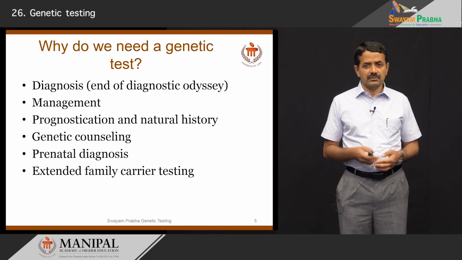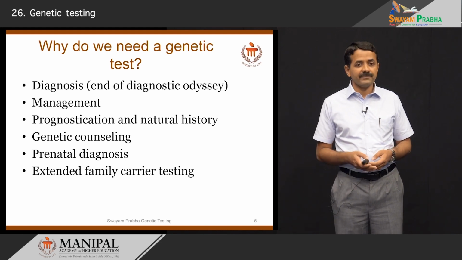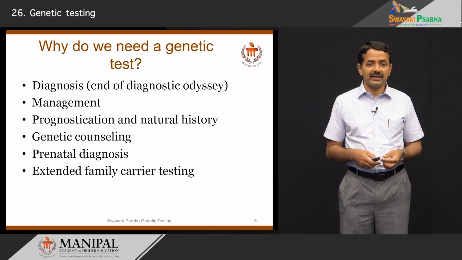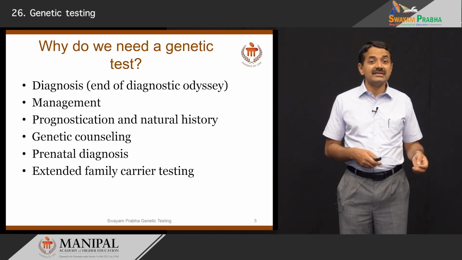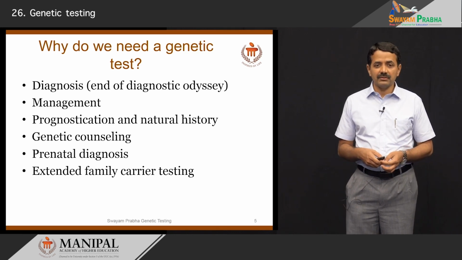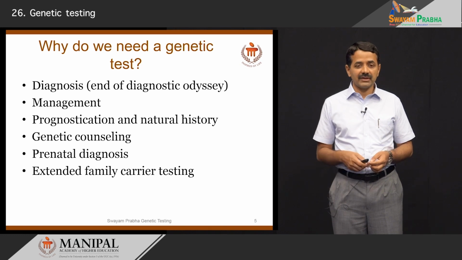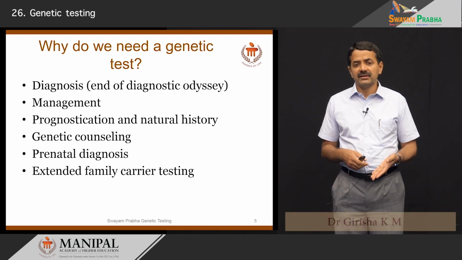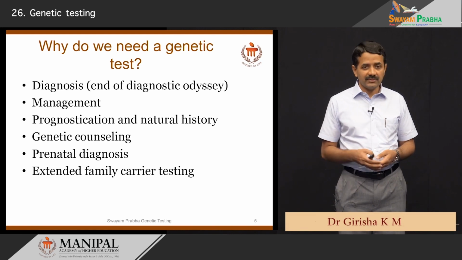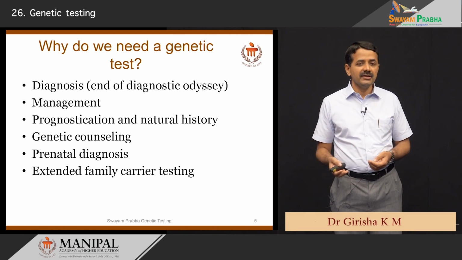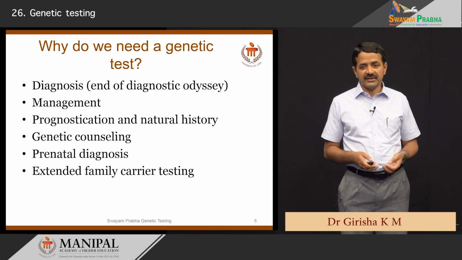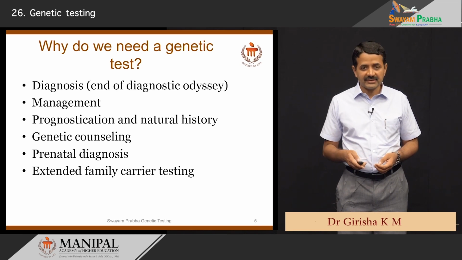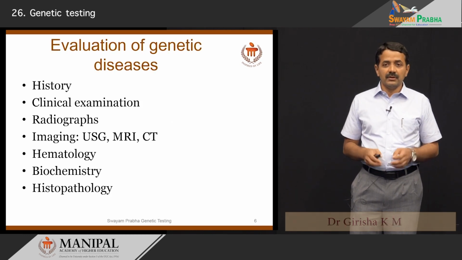Sometimes it is for prenatal diagnosis where a couple is at risk of having a child with a genetic disease, and during pregnancy we can test them. Sometimes it may be extended family carrier testing or carrier testing in the population or even newborn screening. So, these are the applications of genetic testing like any other medical test we use in clinical practice.